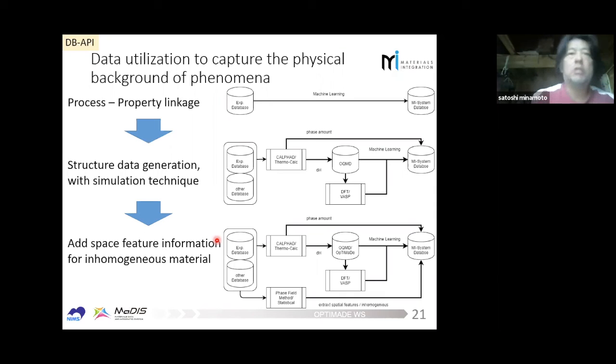So we need the data format, the data schema, to express such inhomogeneity. So this is just the first trial to get such information by using phase field models or statistical calculation. After that, this kind of structure information is analyzed by machine learning techniques in order to understand the performance.